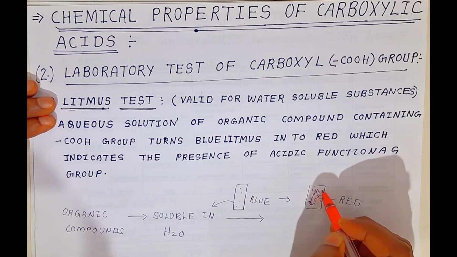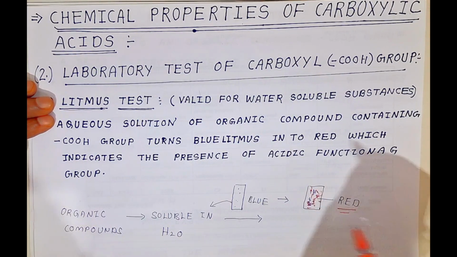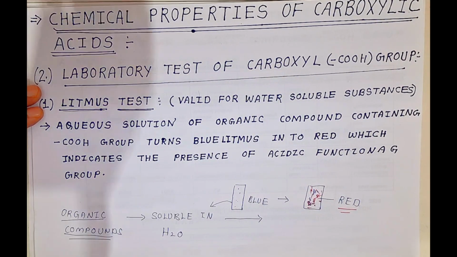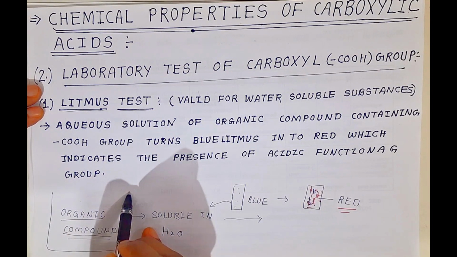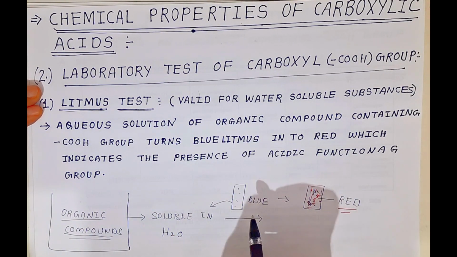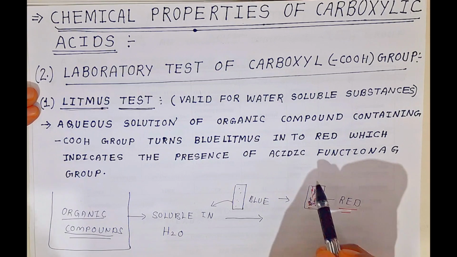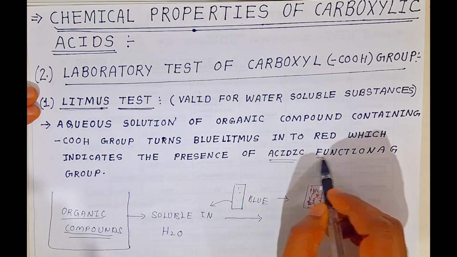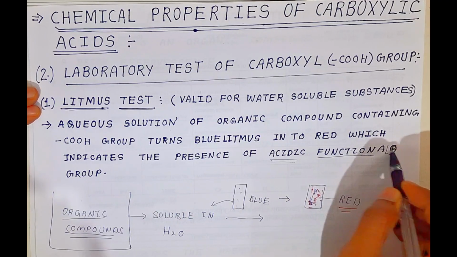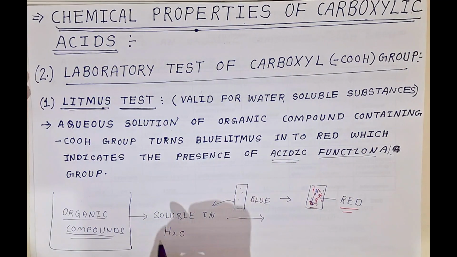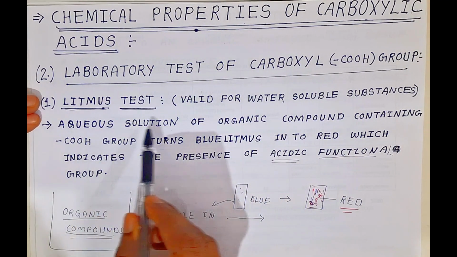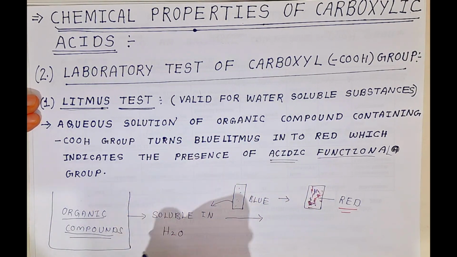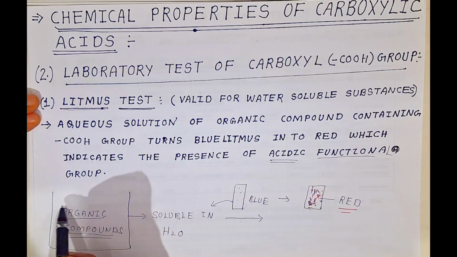if it is becoming red, that means the organic compound which is there in your test tube, or beaker, is acidic, and there is a presence of an acidic functional group. So students, if the organic compound is soluble in water, we call it an aqueous solution.